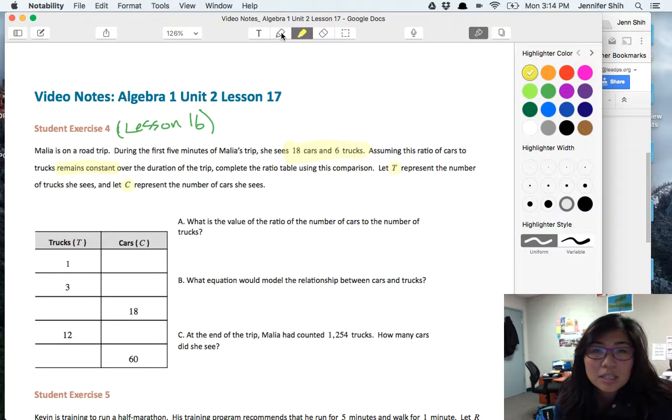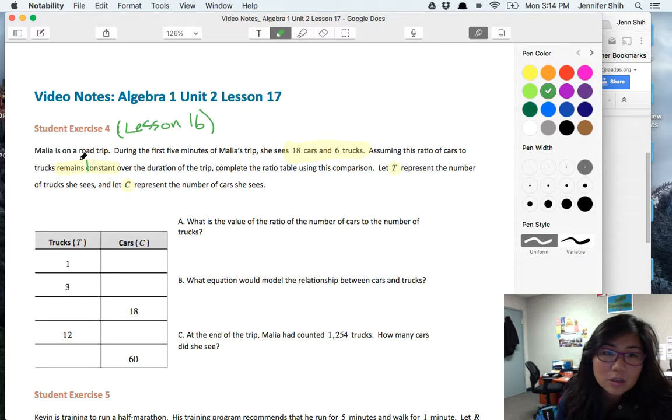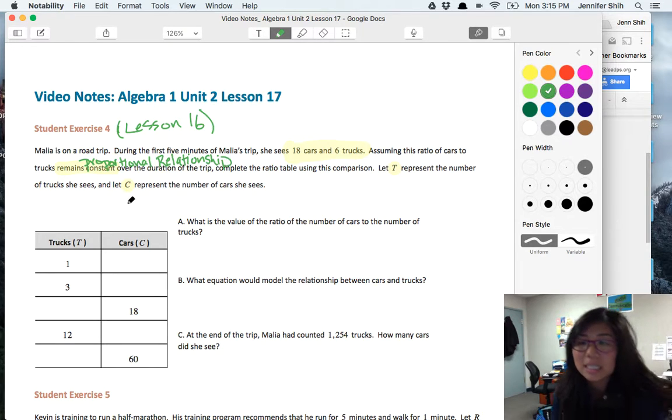Okay, so because this is constant, when I annotate this, I can write that this is going to be a proportional relationship, because there is a constant proportion with each ordered pair. Okay, so what is the value of the ratio of the number of cars to the number of trucks?